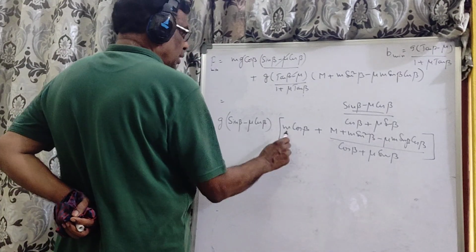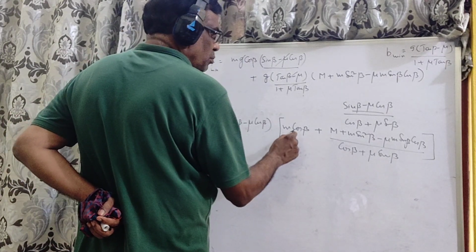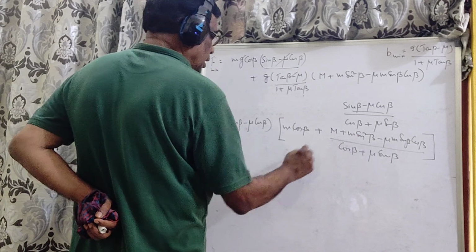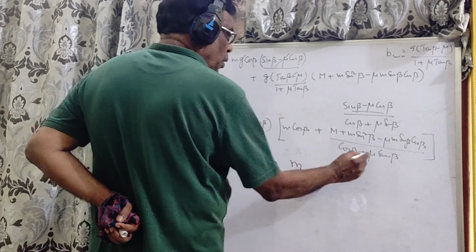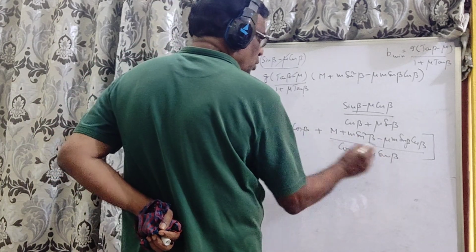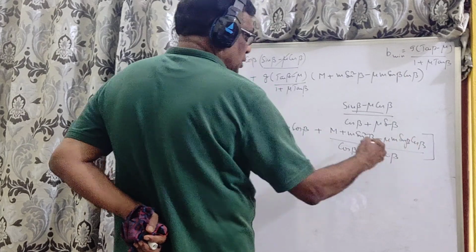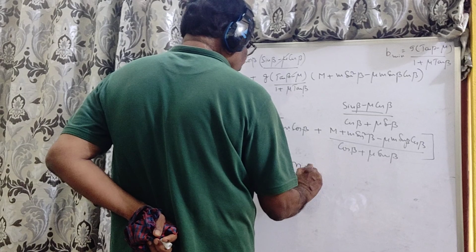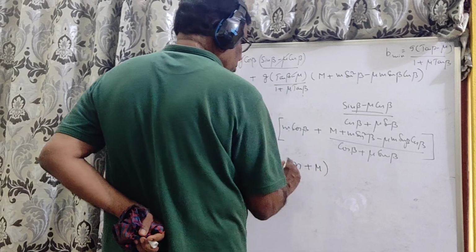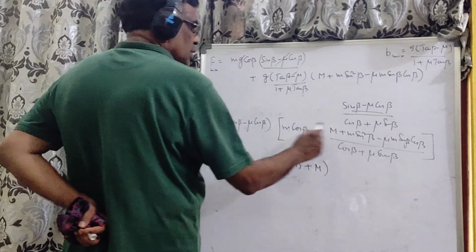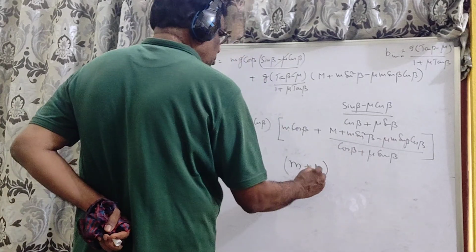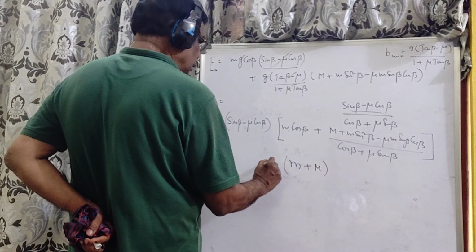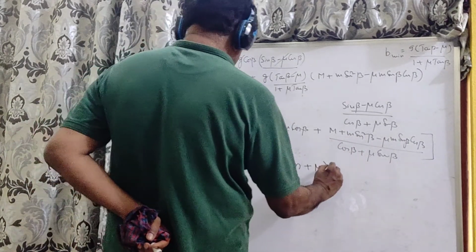You see what you are getting? Now m cos square beta, m sin square beta, that becomes m cos beta, mu m sin beta minus mu m sin beta gets cancelled. So what are you getting here? This gets cancelled, this becomes m. You see how simplified this is?